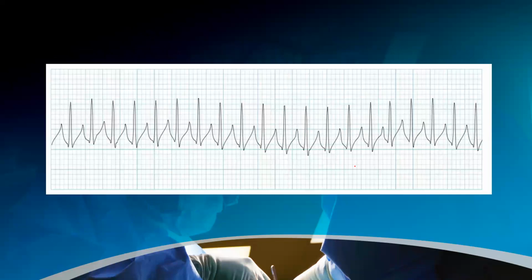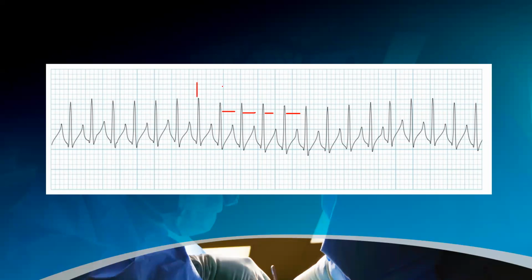Now, when you get an SVT in your exam, look at this. This is exactly how it should be. In case of supraventricular tachycardia, your heart rate obviously will be high. So how do you measure heart rate? In the exam, it doesn't need to be exactly correct. If you just say the approximate heart rate, that should be fine.